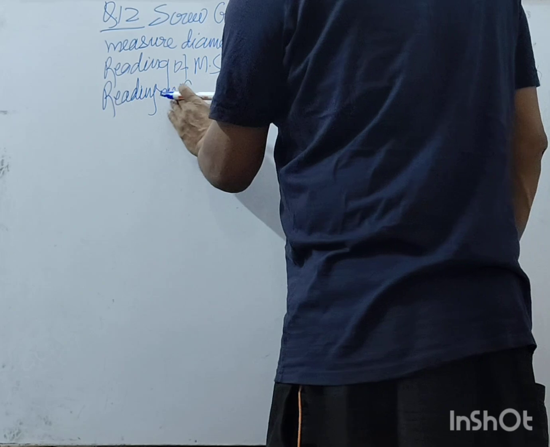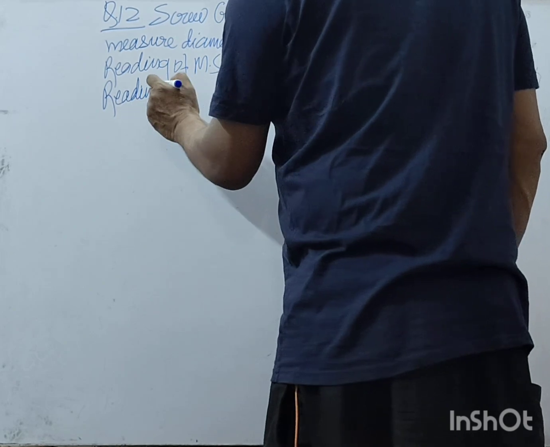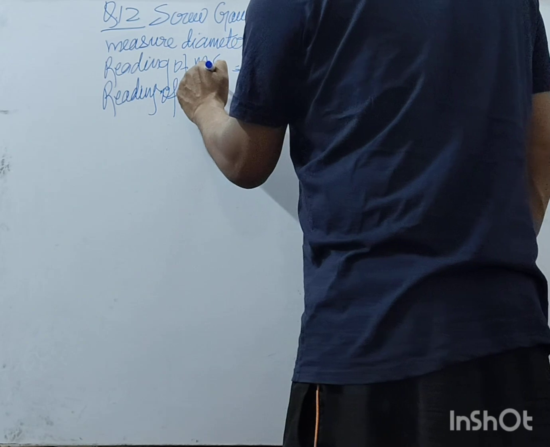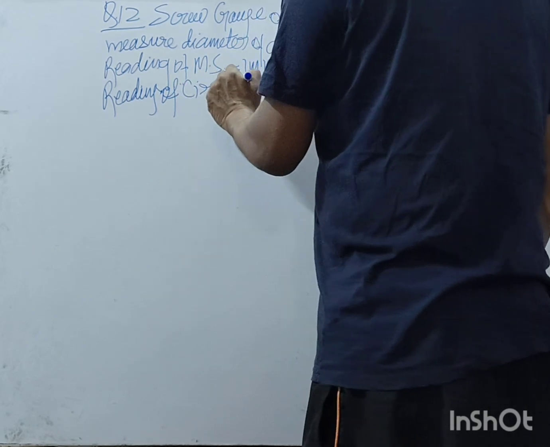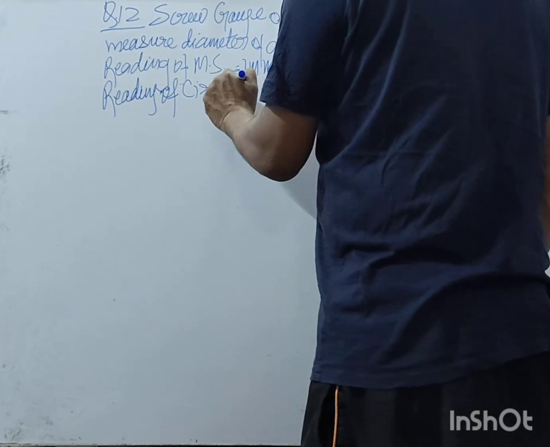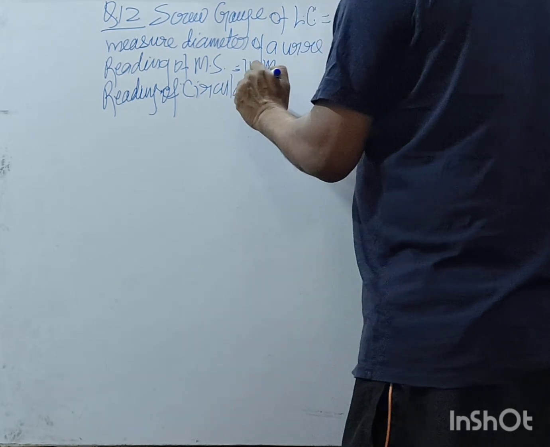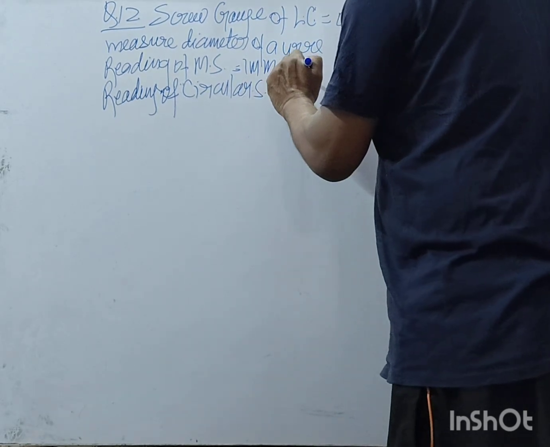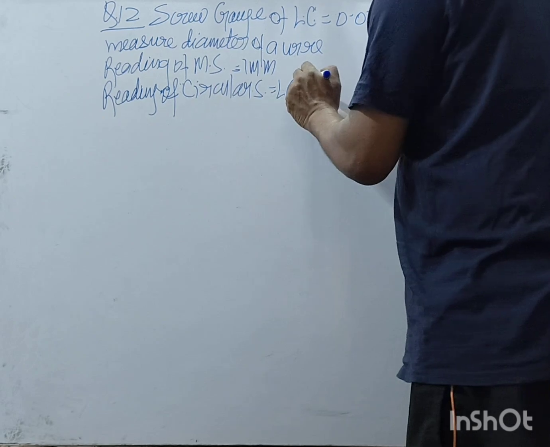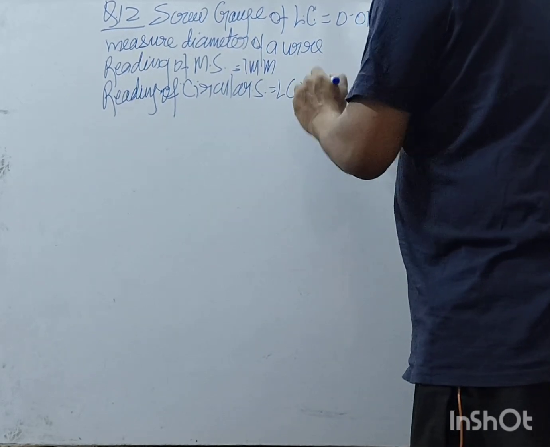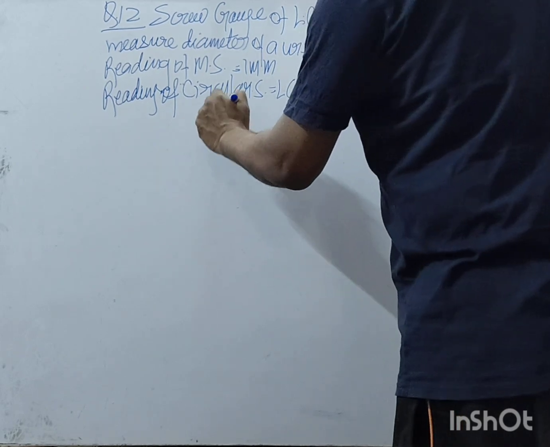The reading of the circular scale is equal to least count into coinciding column. Which number of column? 27 divisions.